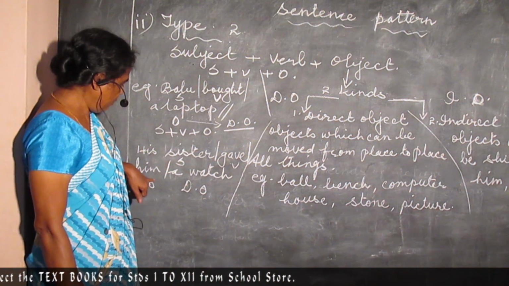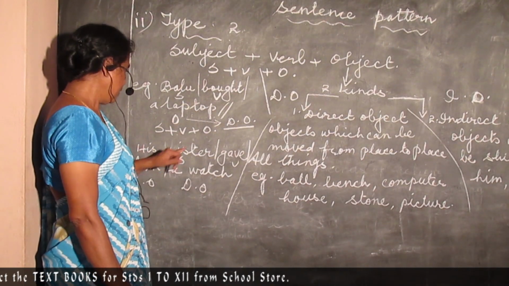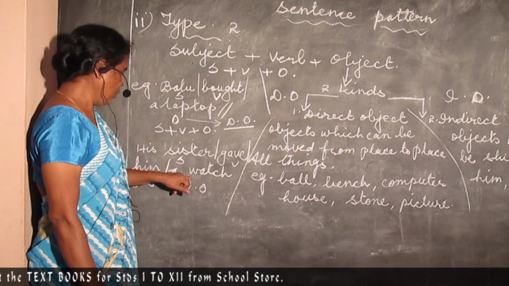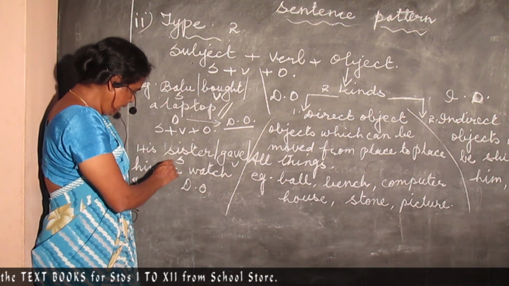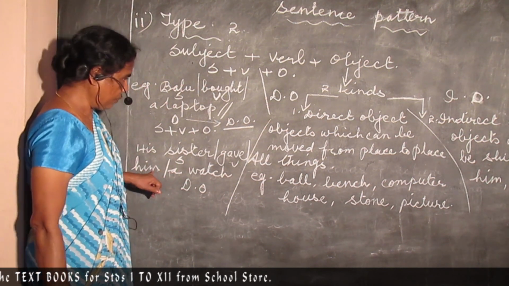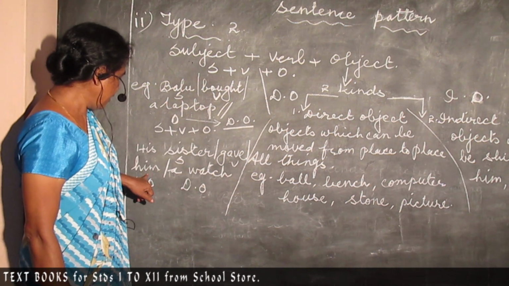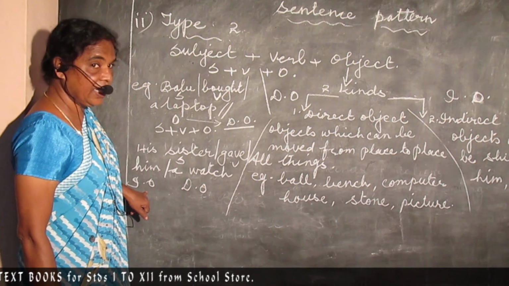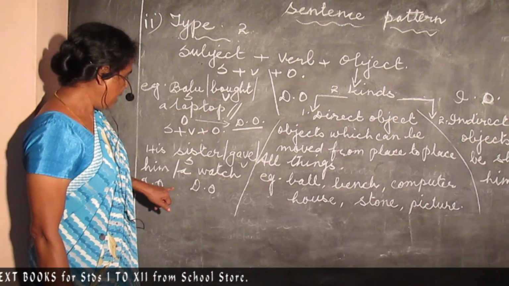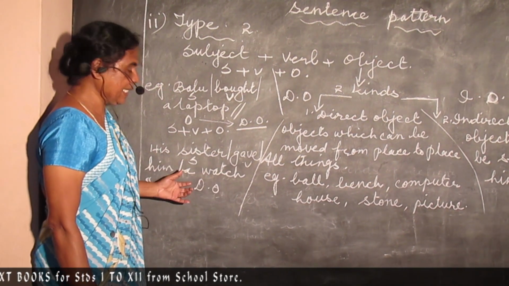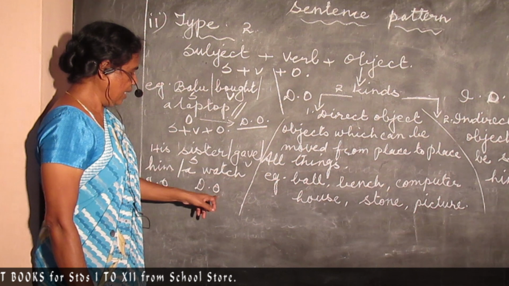But to whom did she give? Him. His sister gave him a watch. Him becomes the indirect object. We have already seen the words for indirect object, and here him functions as the indirect object. And then a watch, a material, a thing, becomes the direct object.